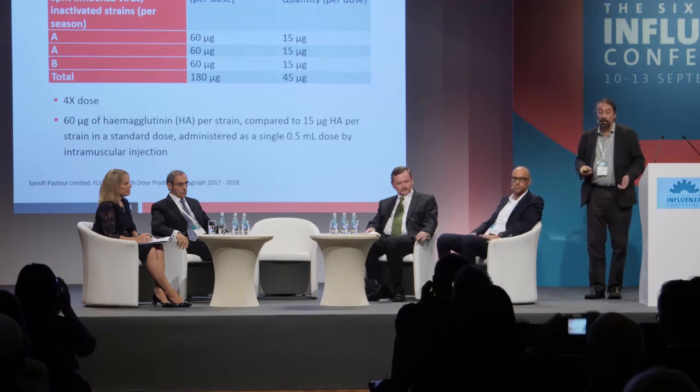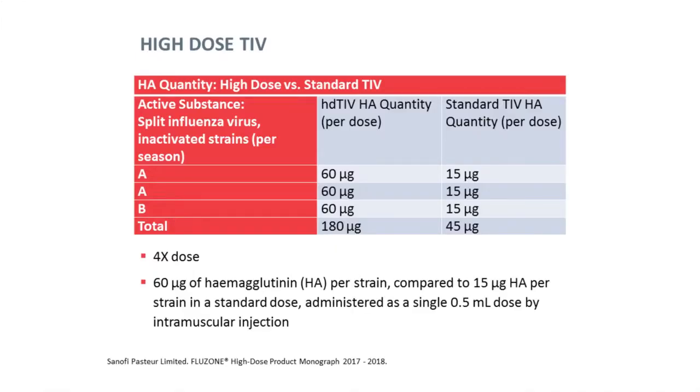So what does the TIV consist of? Well, the TIV vaccines are inactivated vaccines that contain a component of H1, a component of H3, and a component of B virus. The standard TIV HA quantity per dose is 15 micrograms for each of the strains that are being included.